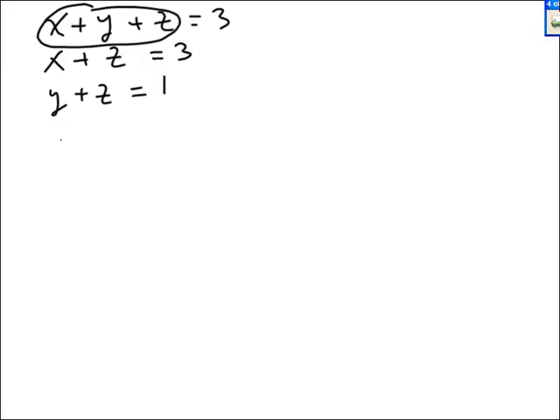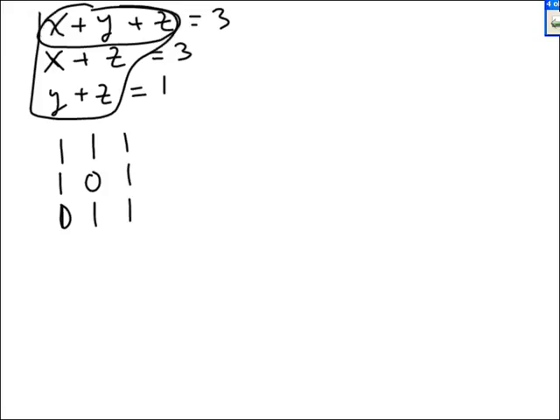Coefficient matrix. 1, 1, 0. That's the coefficient of the x's over here. The y's. The first equation has plus 1y. The second equation has no y's. The third equation has 1y. Z's. The first, second, and third all have plus z.